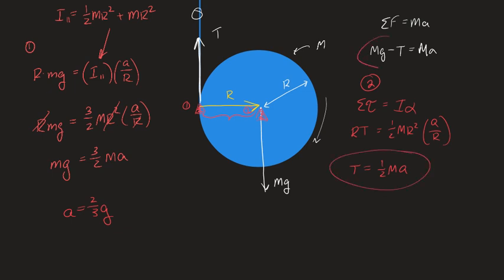I would have to use both of these to figure out the acceleration. But when I add those two relationships together, mind you, I get mg equals ma plus 1/2 ma, which gives us, of course, mg equals 3/2 ma, so a equals 2/3 g.